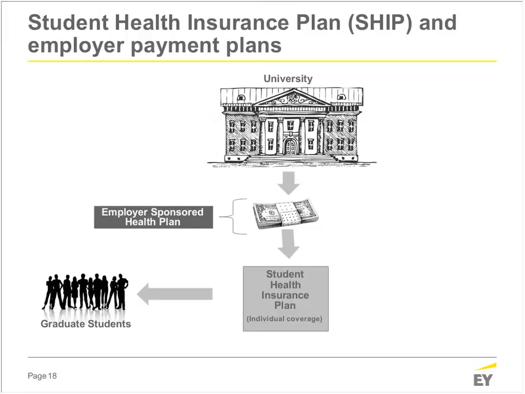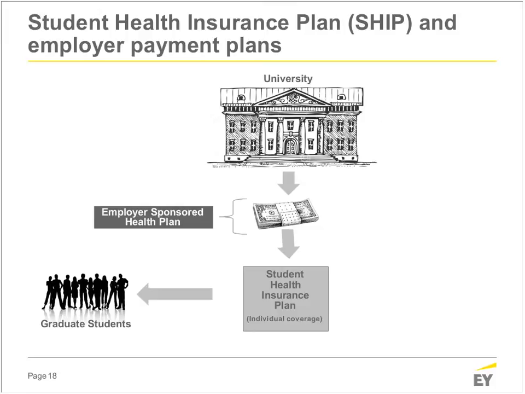But now we're going to lead to the good news, to talk about the transition relief that was provided by the agencies, because I think they were aware. I would like to say that in my conversations they have sympathy for colleges and universities who are providing good and valuable coverage. It's just a question of how to permit that coverage in a manner that is consistent with the statutory rules. Right.